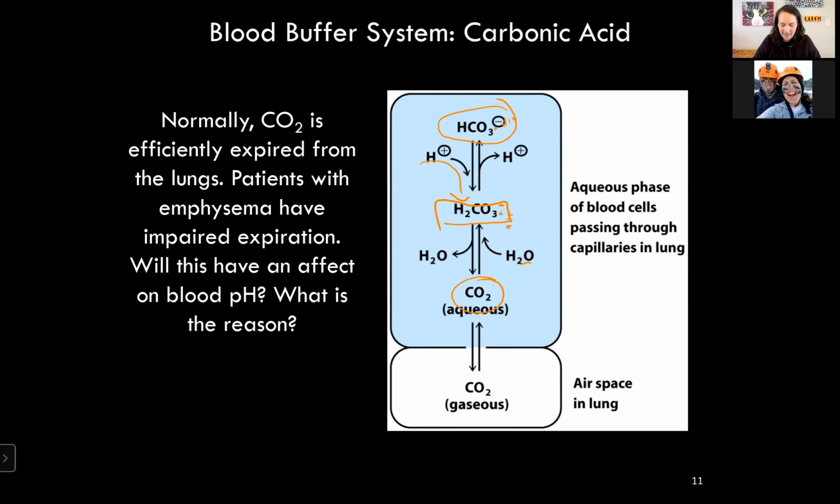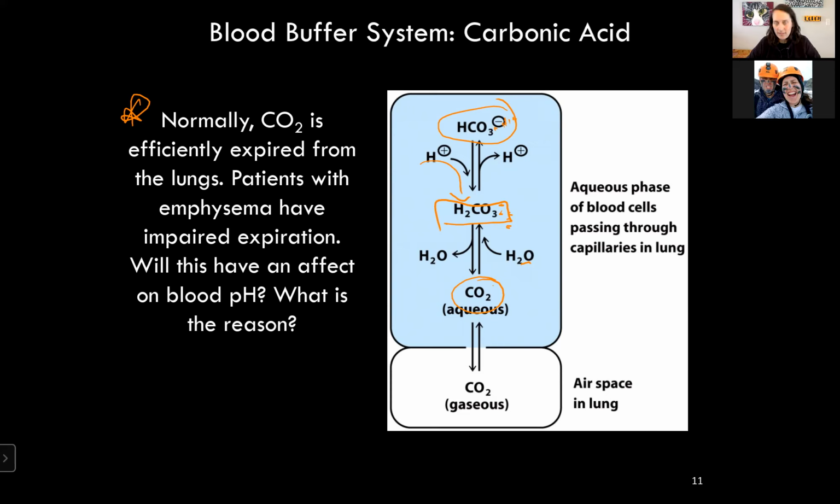A question you can think about medically might be this. Normally, carbon dioxide is efficiently expired from the lungs. Patients with emphysema have impaired expiration. So what effect will that have on the blood pH? They're not able to get all of that carbon dioxide out of their lungs.